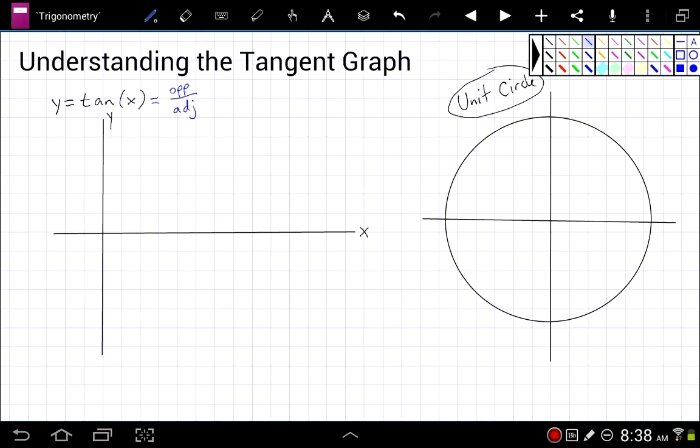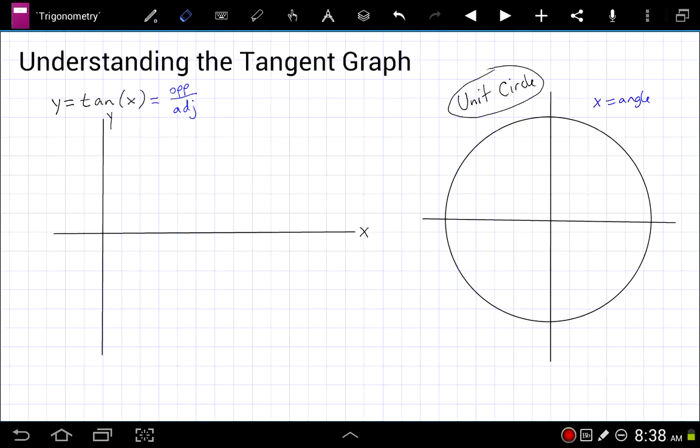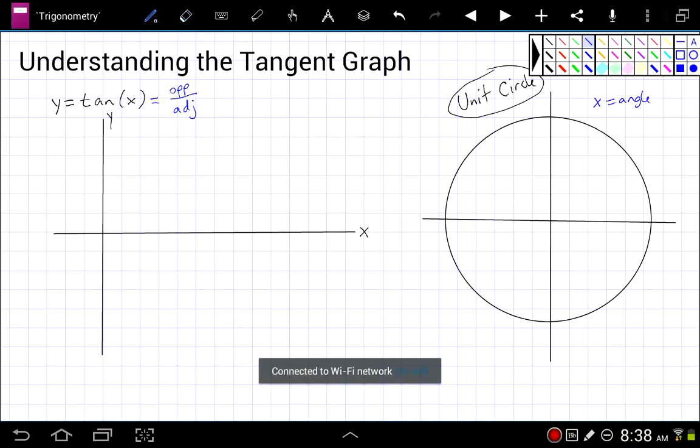So if I start to look at plugging in values of x to this function, those will be angles on my unit circle. So over here, x will be the same thing as the angle that we're looking at on our unit circle. Okay, so that's the setup here, and now we need to start rotating through some angles.